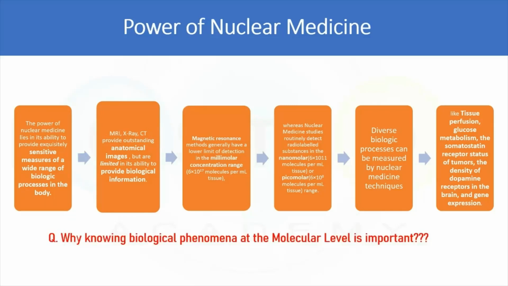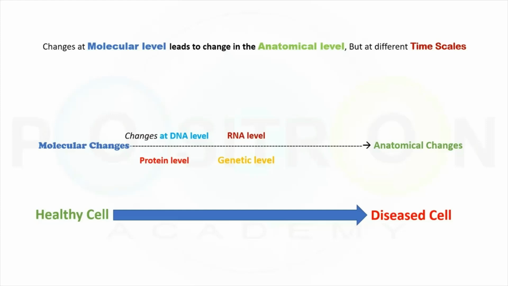So now the next question is, why is knowing biological phenomena at the molecular level important? The answer is, for example, when a healthy cell gets transformed into a diseased cell, some molecular changes occur in the cell, and these molecular changes can be at the DNA level, at the RNA level, at the genetic level, or at the protein level, or at any other levels.